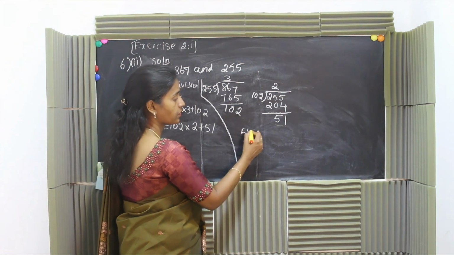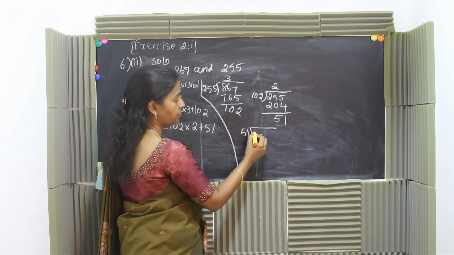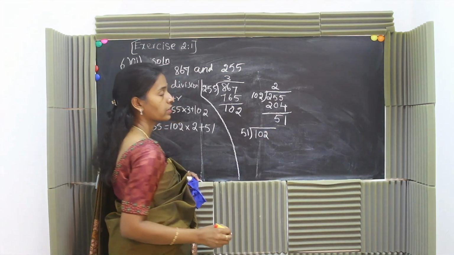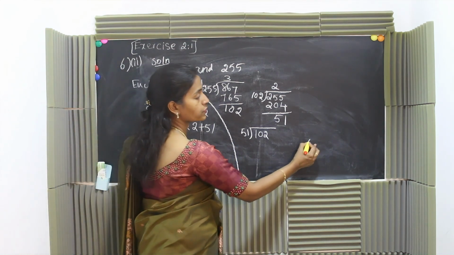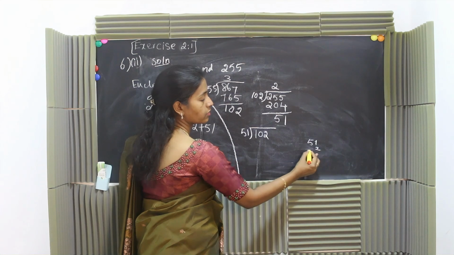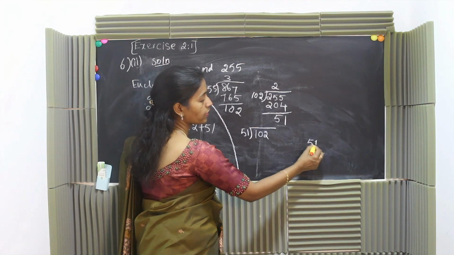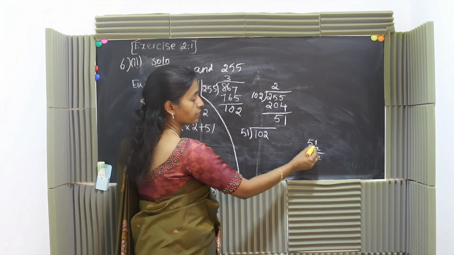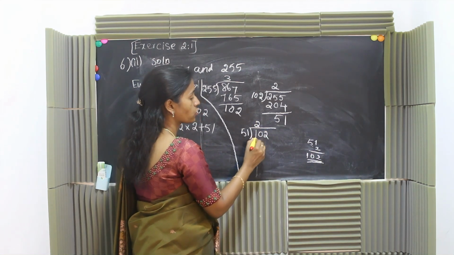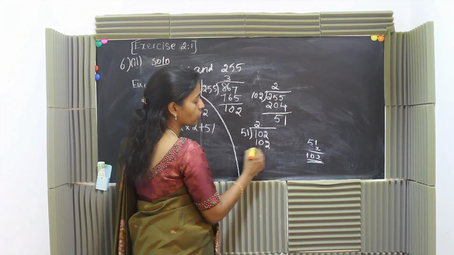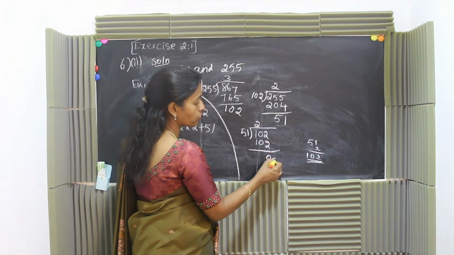In the next step, 51 would be divisor and 102 would be dividend. 1 into 51, 51. 2 into 51, 102. 102 minus 102, 0.